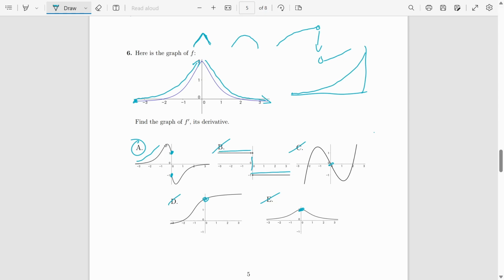When the derivative is just a straight flat line, that means the original function has to be just a line, going up, going down, or going straight across. It can't be curvy, which this one clearly is. So it can't be B, can't be any of the others. It's definitely A.